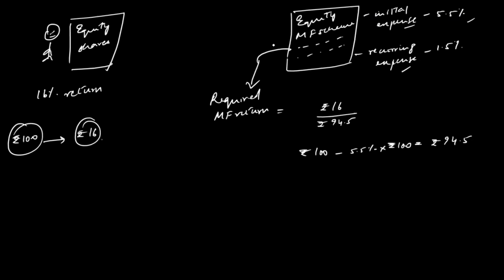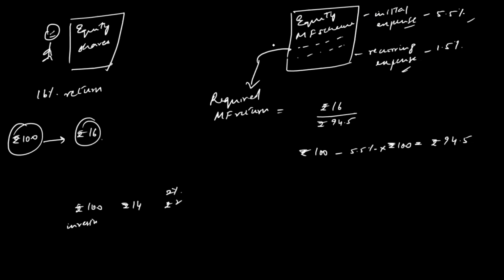There is also additional information given that the recurring expense is 1.5%. So what is this recurring expense? Every year the fund keeps generating returns and it also charges recurring expenses towards fund management expenses, right? Suppose you are investing 100 and the fund has delivered a gross return of 14%, that is rupees 14. Out of this, 2% is towards recurring expense. That means 2% of 100, that is rupees 2, is towards recurring expense.